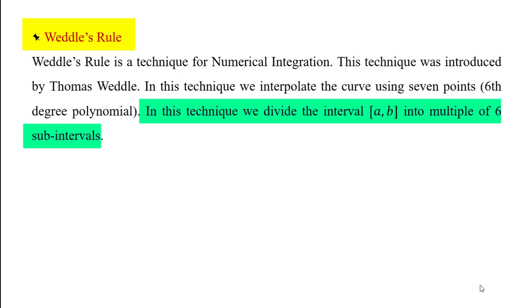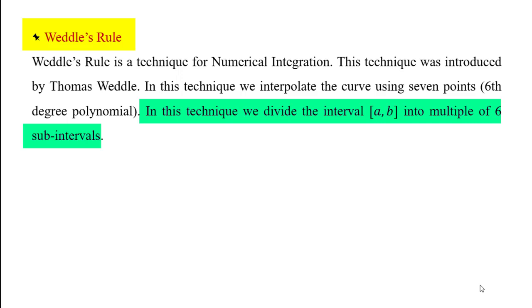Like previous numerical integration schemes, in the trapezoidal rule we used a linear polynomial. In Simpson's 1/3 rule we interpolate the function by a 2nd degree polynomial.